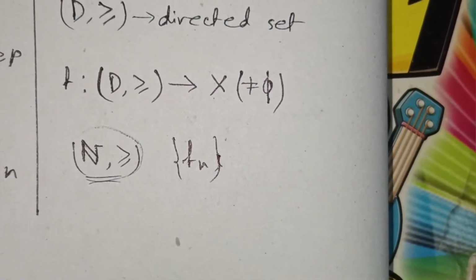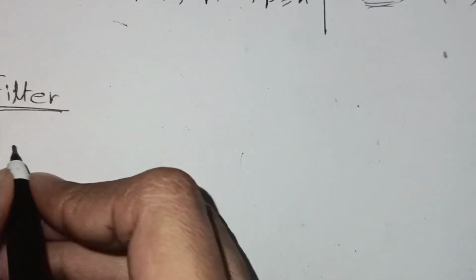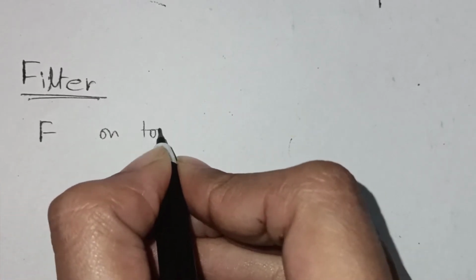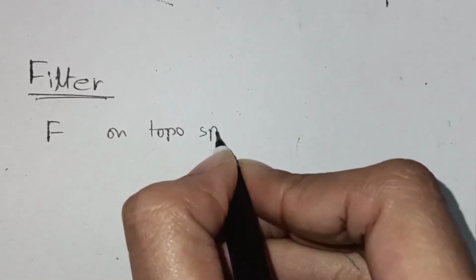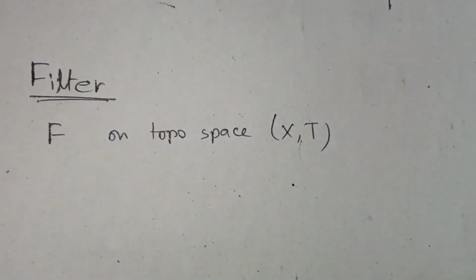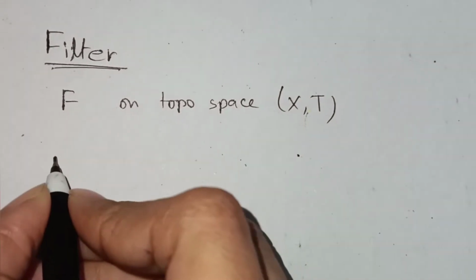Now next definition. Filter. A filter is a family F on a topological space (X, τ) that satisfies these three conditions.